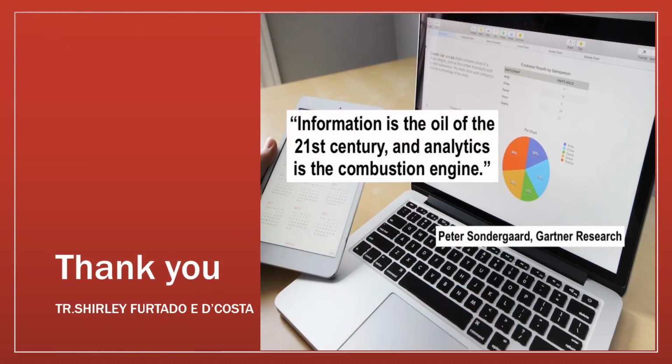We have come to the end of this teaching module, but I will leave you with a quote, and that quote is by Peter Sondergaard of Gartner Research. So this person is involved with research, and he says, information is the oil of the 21st century, and analytics is the combustion engine.